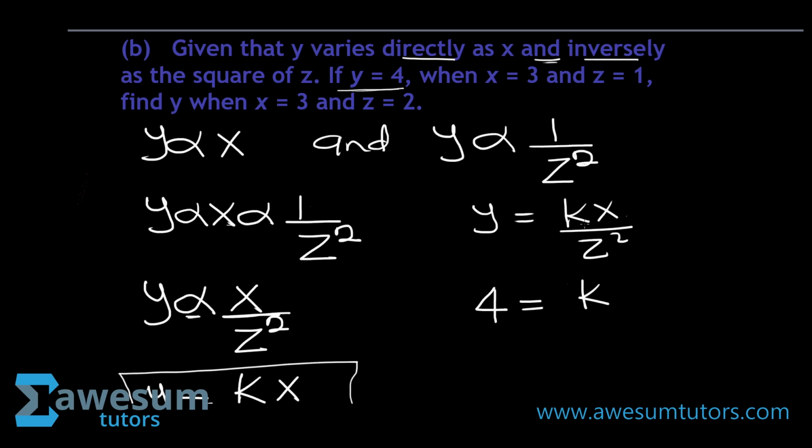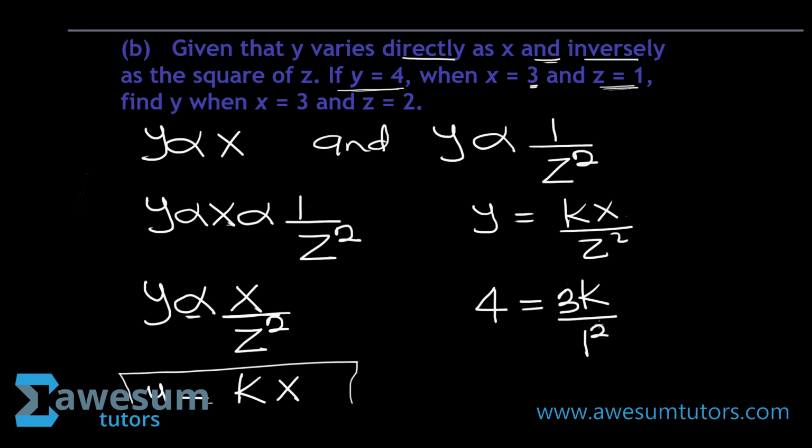This is kx, it means k times x, and you've been told that x equals 3, so k times 3 is 3k. So that's going to be 3k over, you have been told that z is 1, so I'm going to have 1 squared.